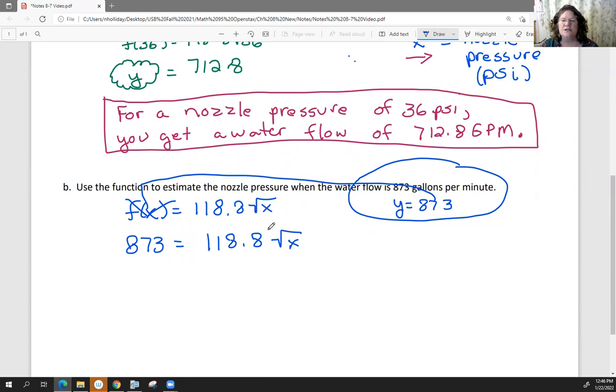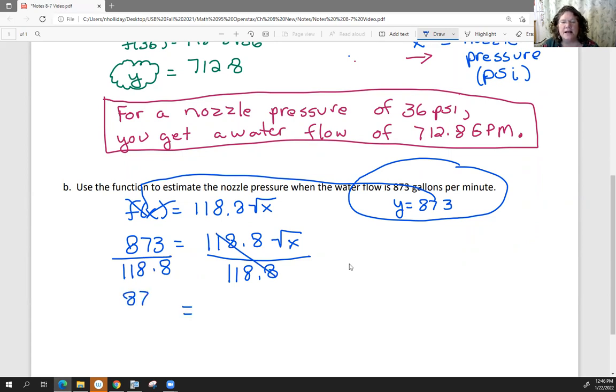The first step is to isolate your root and get it by itself on one side. And to do that, remember there's invisible times when you have a number out in front of the root. So to undo times, we're going to divide by this 118.8. And then on this side, we're going to get some number.